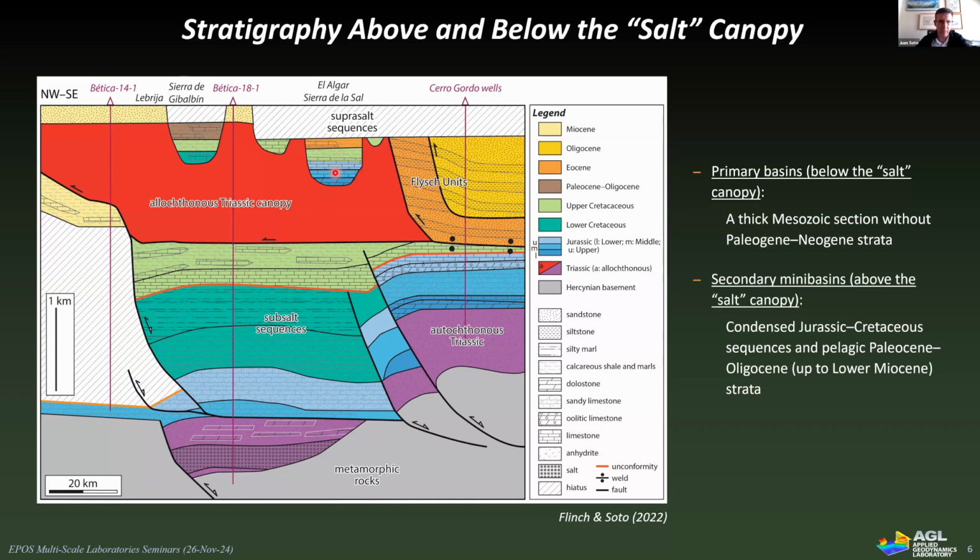So we do not have Miocene sequences below the salt. We have Miocene and Oligocene condensed sections above the allochthonous Triassic canopy.